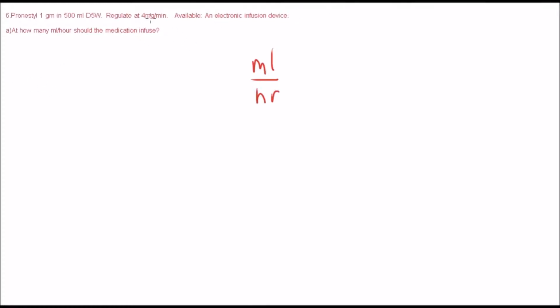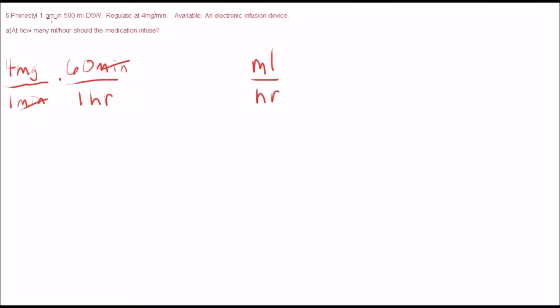So what we're going to start with is this 4 milligrams per 1 minute. So we're going to multiply that times 60 minutes in 1 hour. Those cancel. So now we're in milligrams per hour. Now, how do we convert these milligrams to milliliters?